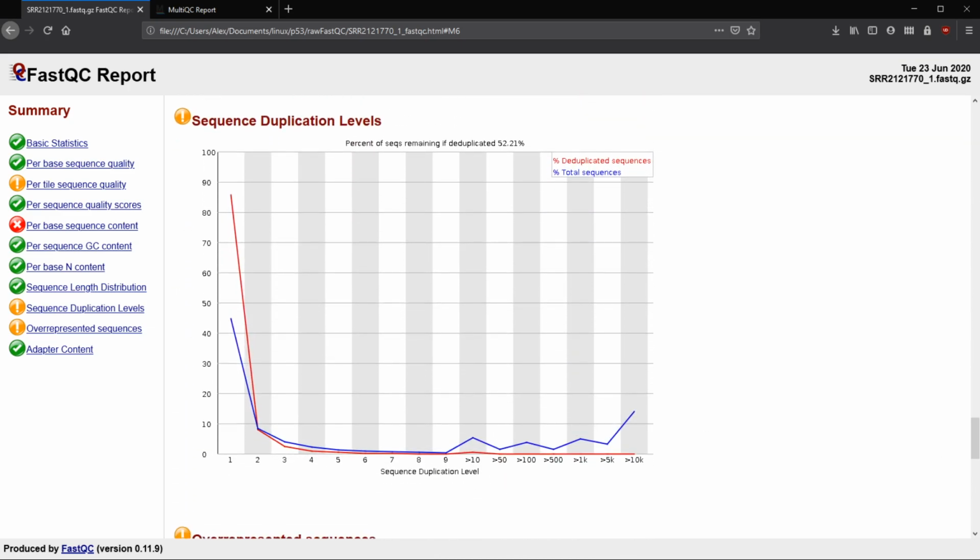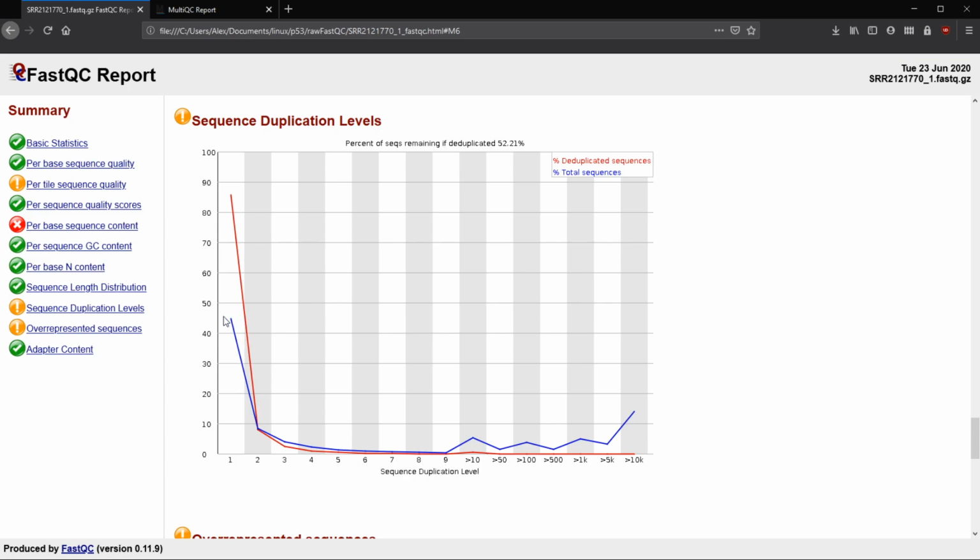Now sequence duplication levels. This is something that is a little confusing to me sometimes too, but this blue line is going to represent the percent of the total sequences that are duplicated however many times throughout the whole library that we have. That's going to be based on the bottom.